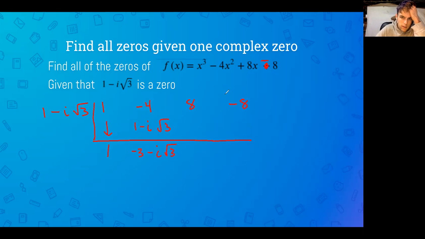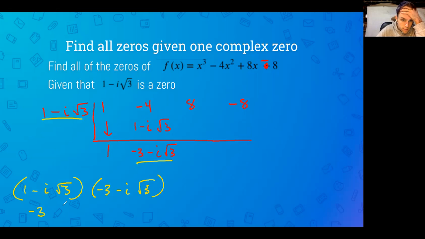Here is where things start to get messy. Now I need to multiply these two things together. We got 1 minus i root 3 times negative 3 minus i root 3. Multiply that out to get negative 3. Negative i root 3. It's really negative 1 i root 3. And then we get plus 3 i root 3. And then we get positive 3i squared.